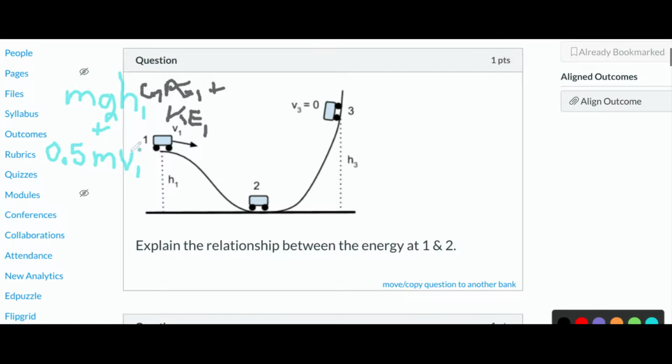So there's v1, and now I need to square it. So that's how I substitute the variables.